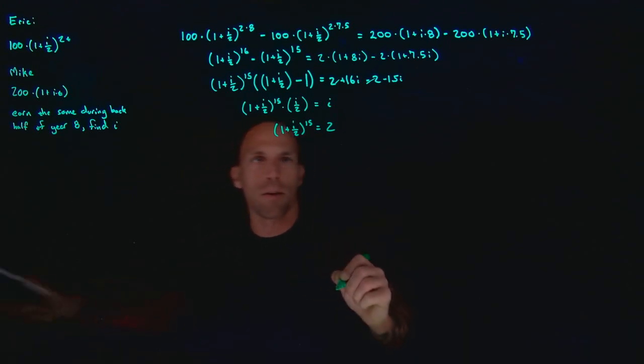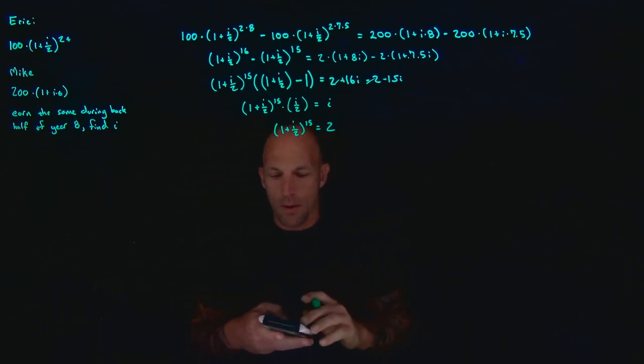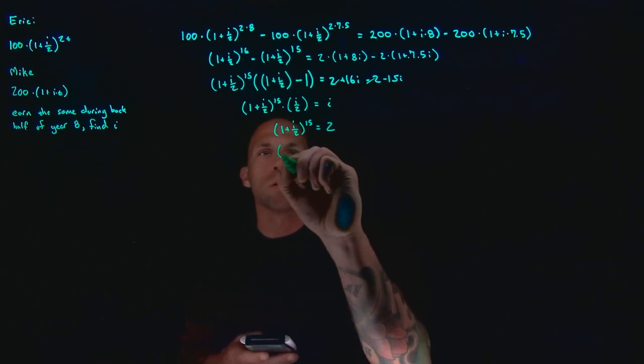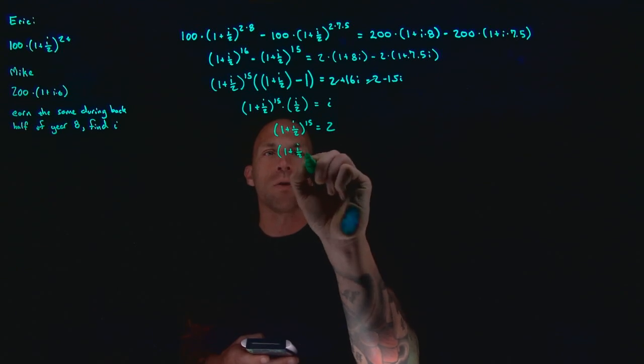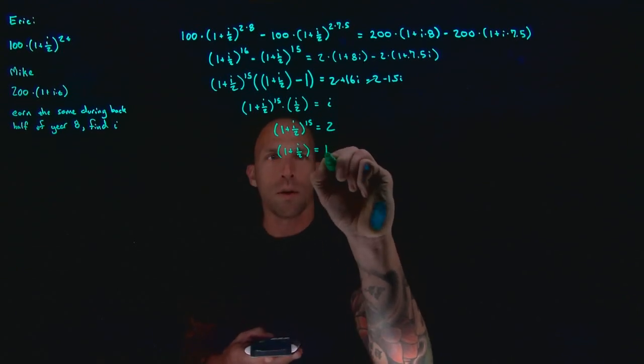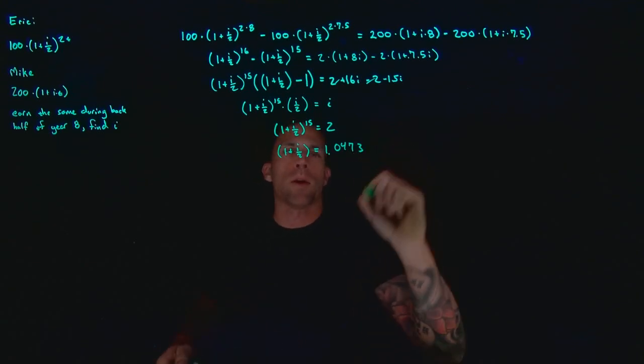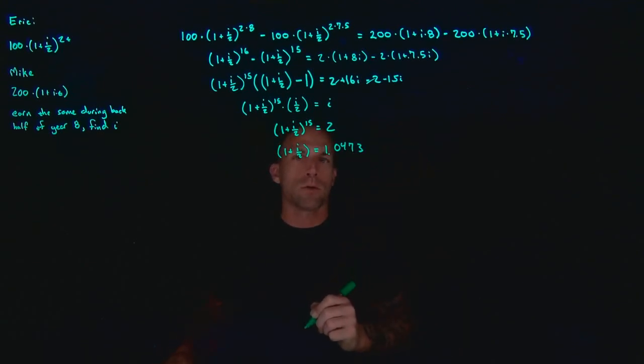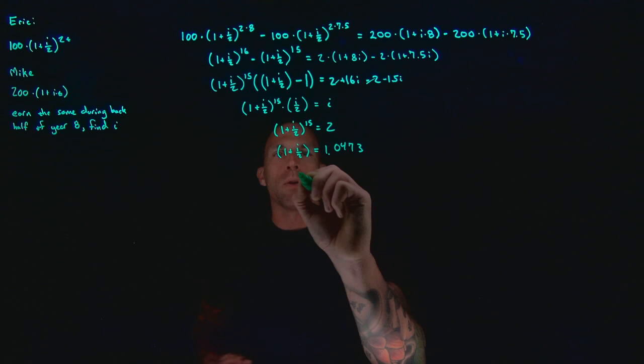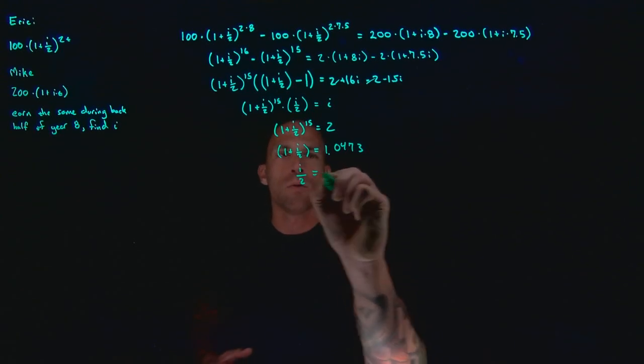We take our calculator, and we're going to take the 15th root of 2, which gives us 1 plus i/2 equal to 1.0473 or thereabouts.